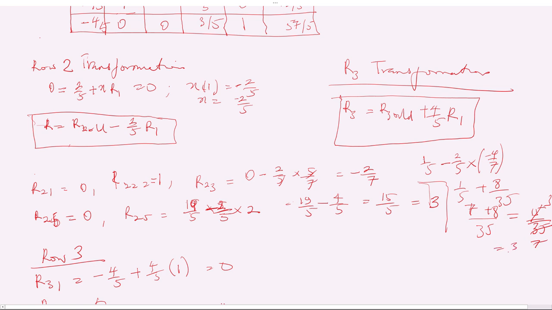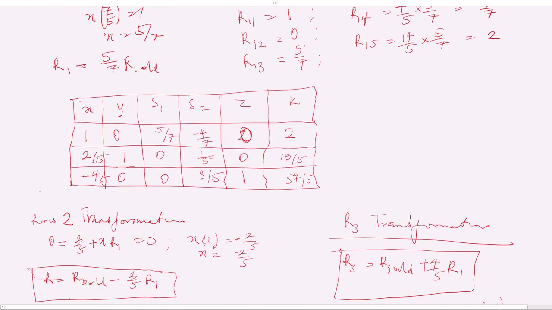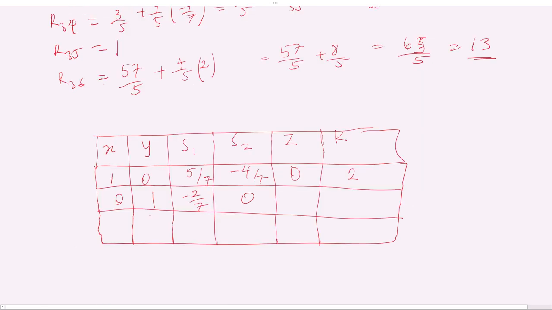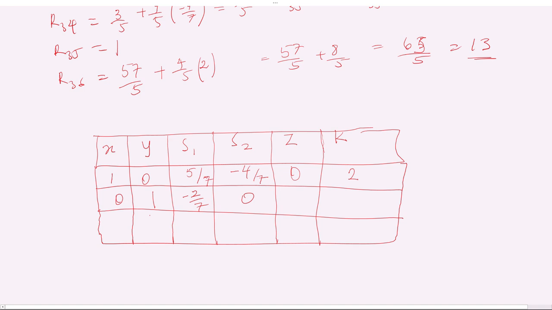So this is 3 over 7. R2 4 should be equal to 3 over 7. R2 5 should be 0, and R2 6 should be this. So this is correct. Then this should be R2 4, R2 5, R2 6. So that's sorted. So this is 3 over 7.